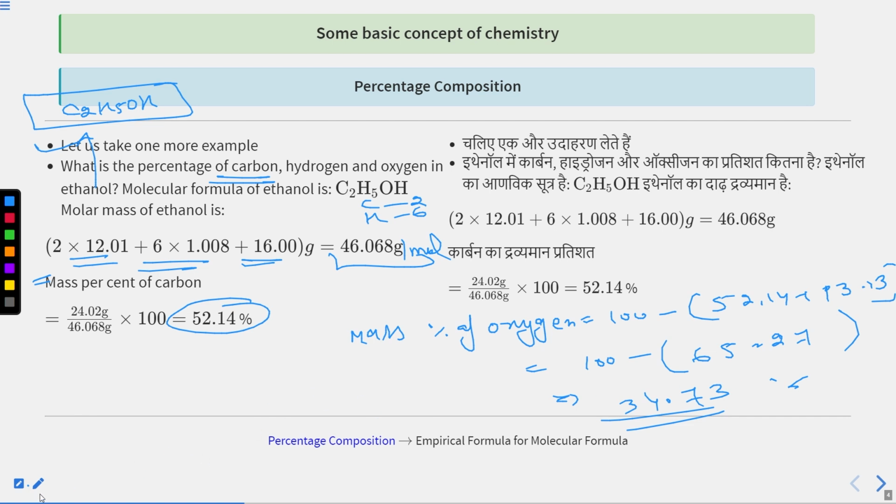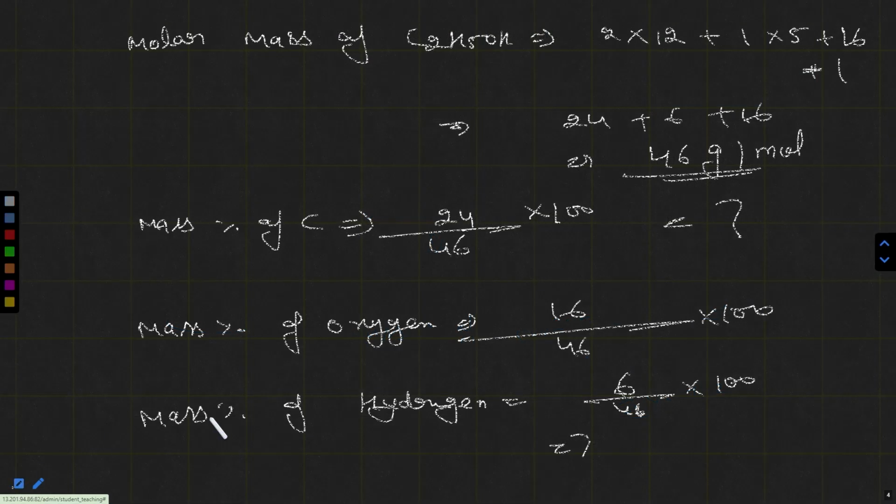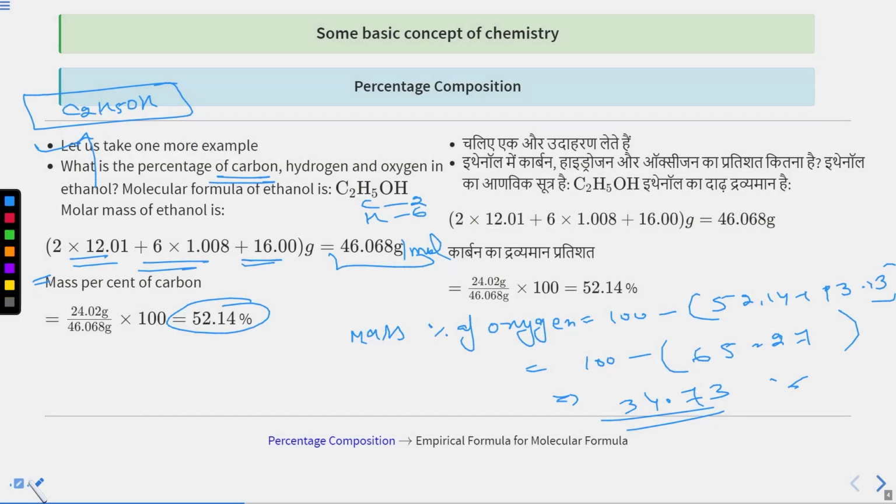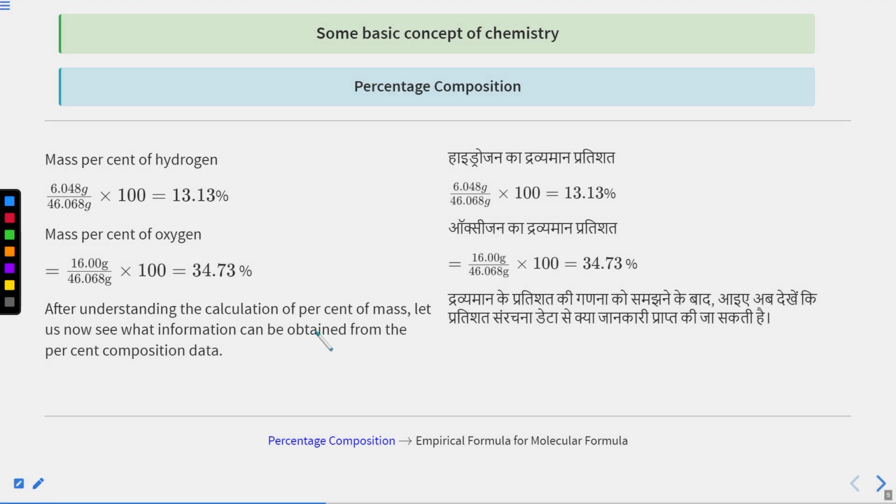So the mass percentage of oxygen will be around 34.73%. Exactly, 16 upon 46.068 multiply with 100, you are getting 34.73%.